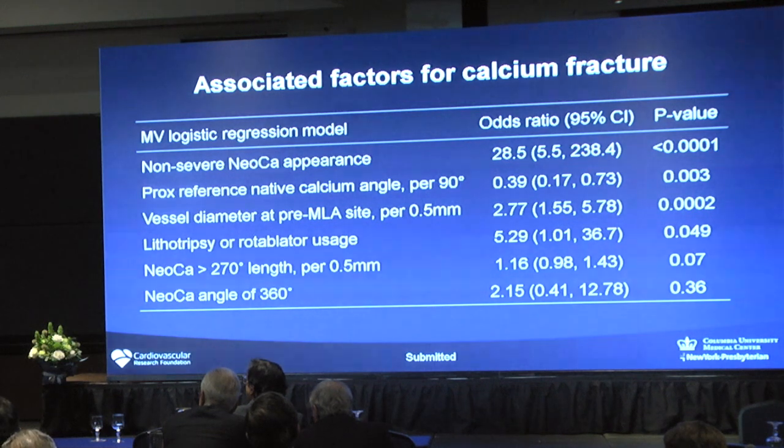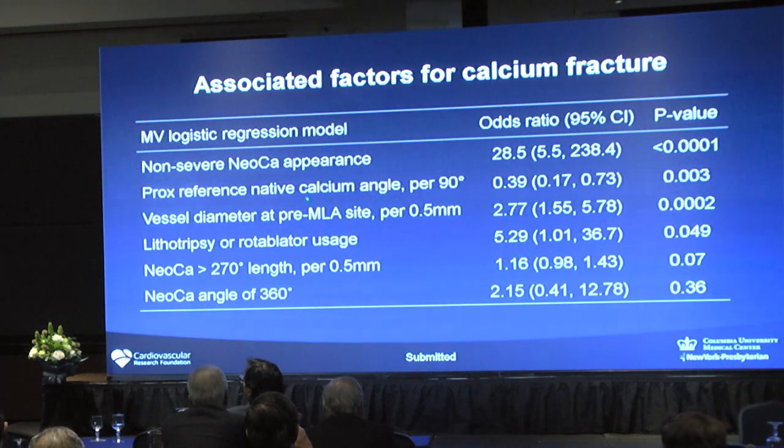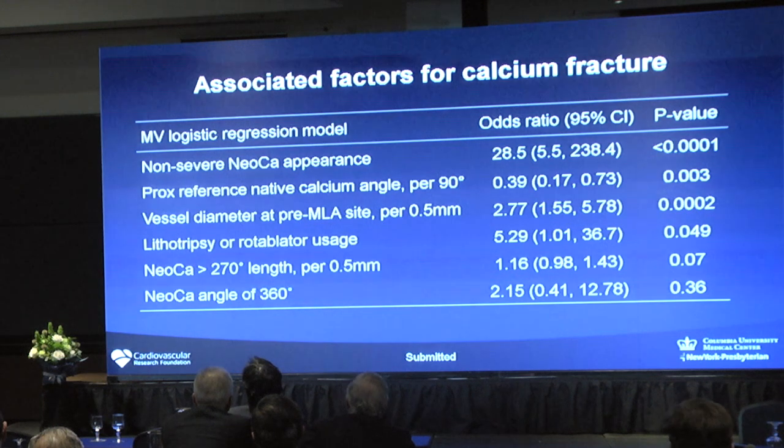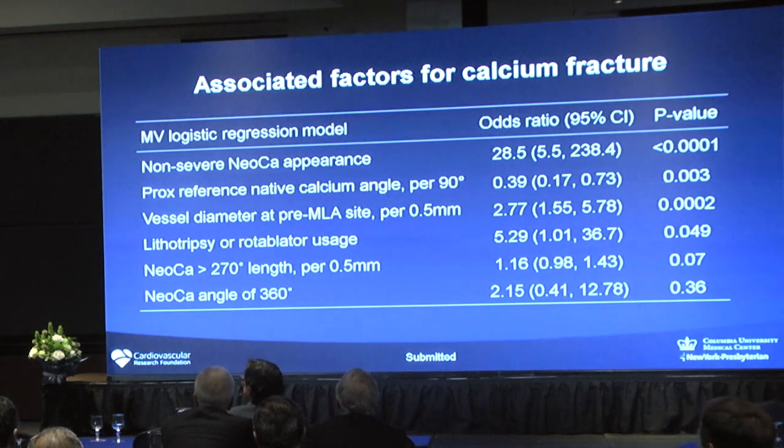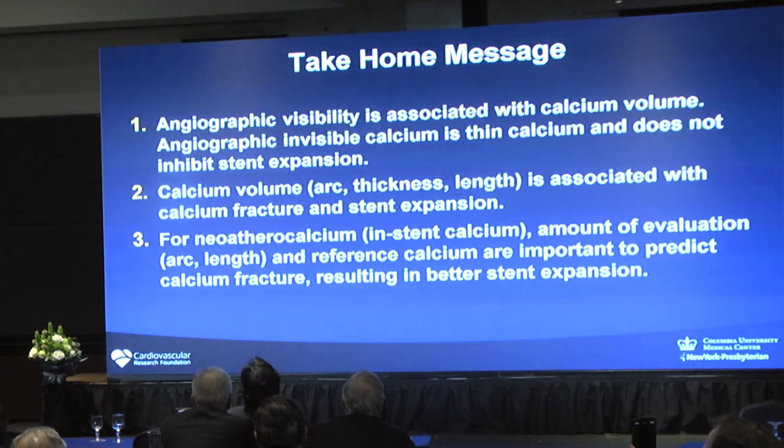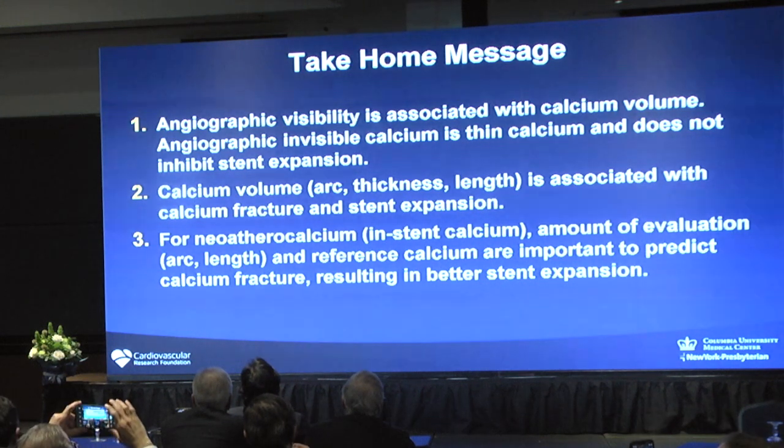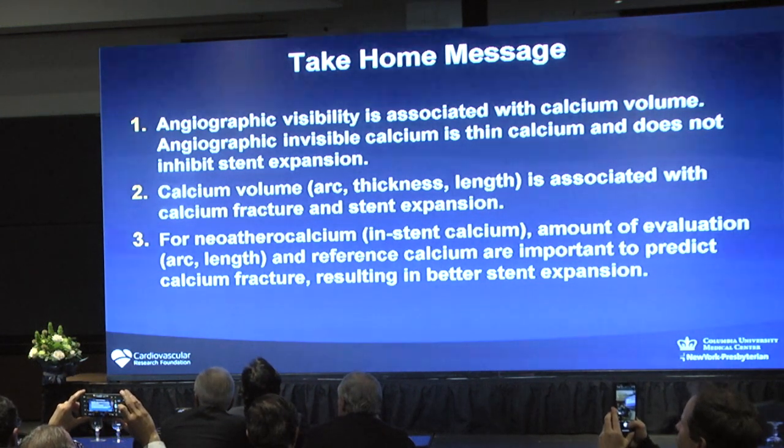So if you don't have a lot of calcium in the reference, you are unlikely to have big calcium in the stent. So looking at the reference is very important, and also the diameter and the length are important. Okay, I'm done.